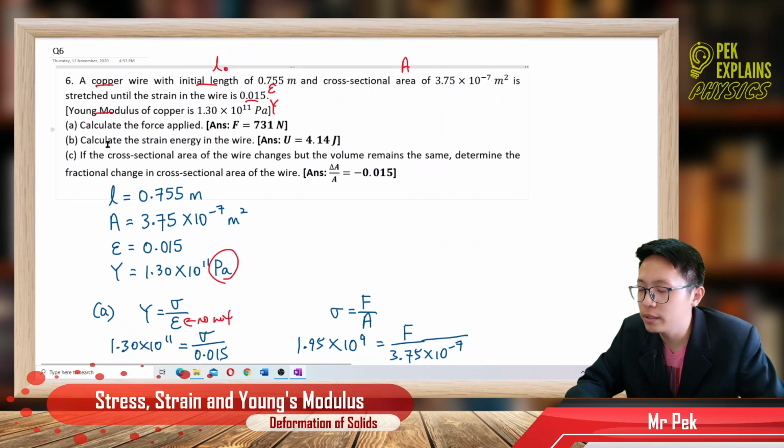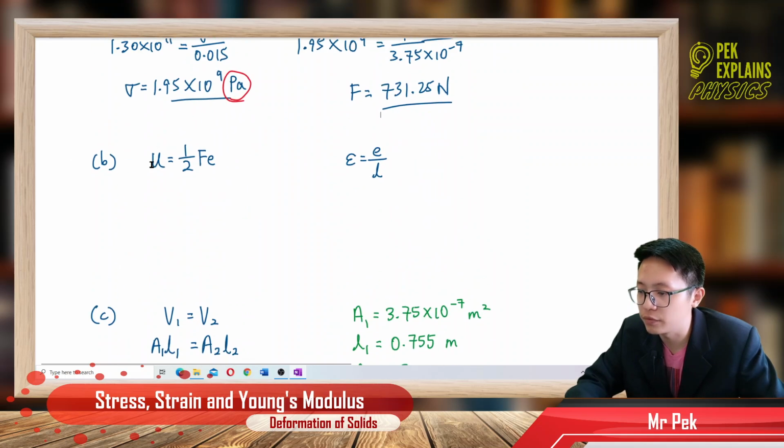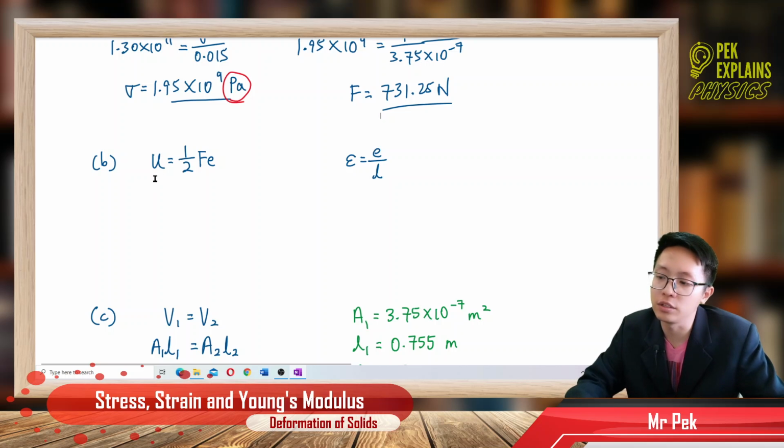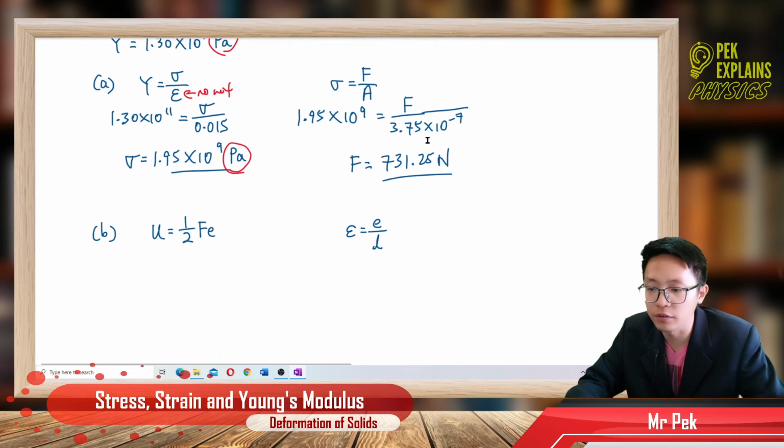Now, what's the strain energy in the wire? So how to find it? The strain energy U is given by the formula half F e. Just now I got the force already, 731.